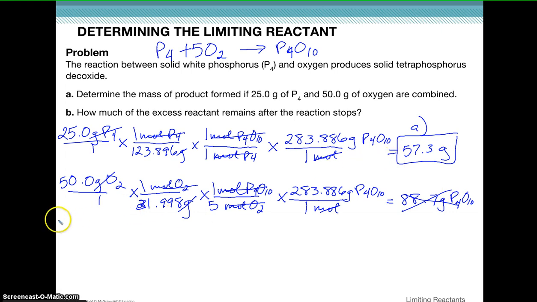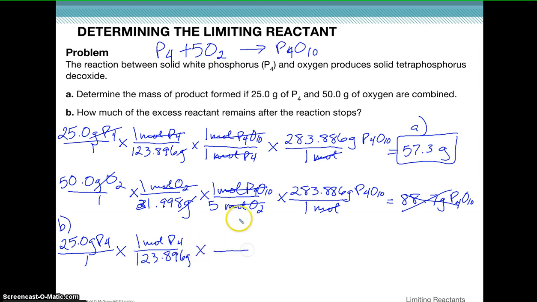And then question B says, how much of the excess reactant remains after the reaction stops? Well, what's our excess reactant? It's oxygen. So we need to figure out how much of our 50 grams of oxygen we are actually going to use. So we go back to our limiting reactant, 25.0 grams of phosphorus, convert it to moles. This time we want to figure out how much oxygen we are going to use.